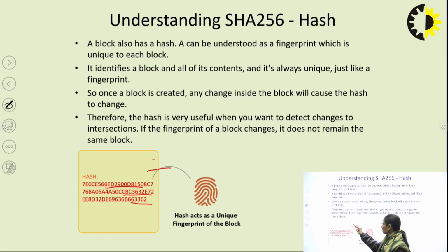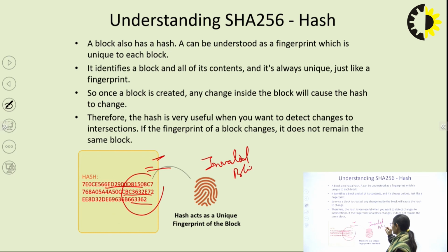If you change the content of this block, then this hash value automatically changes. Therefore, the hash is very useful when you want to detect changes. If the fingerprint of a block changes, it does not remain the same block, and we term it an invalid block because it has been tampered with.